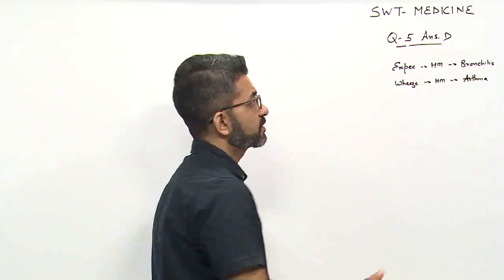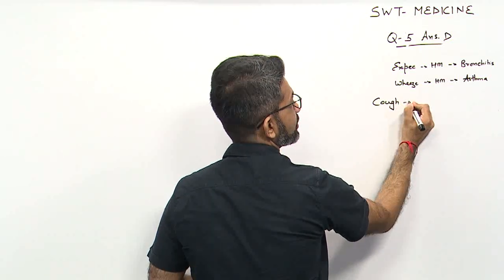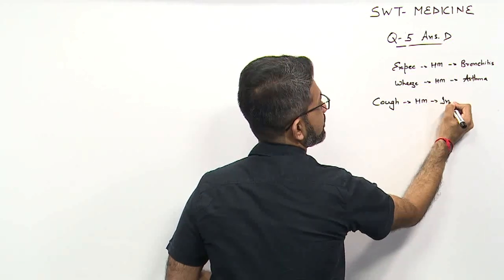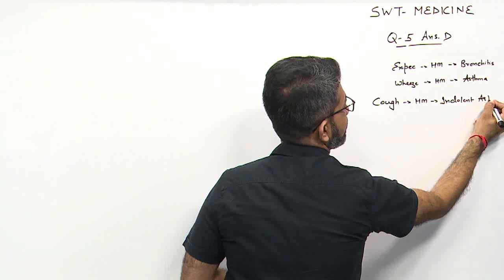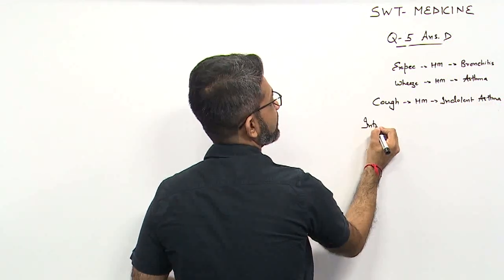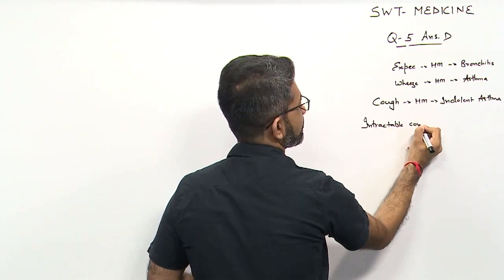Remember, sometimes cough can also be a hallmark of indolent asthma. Regarding intractable cough, remember three things.